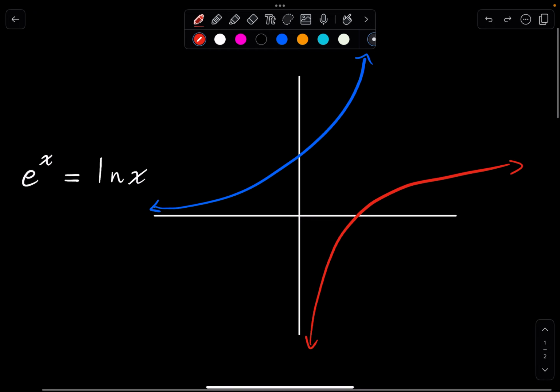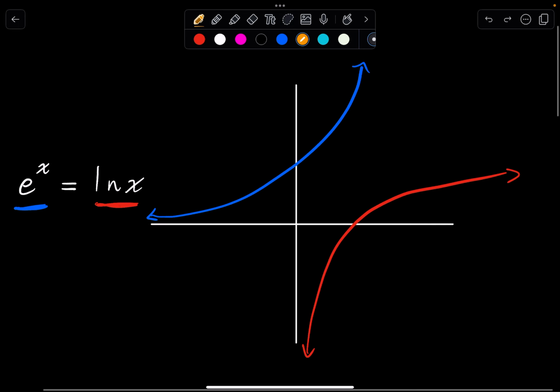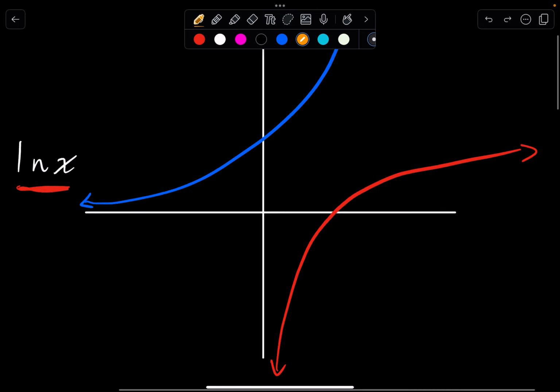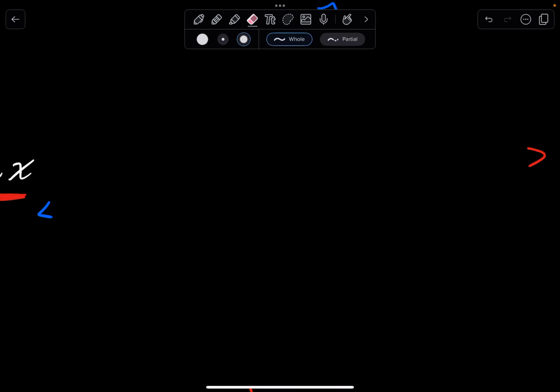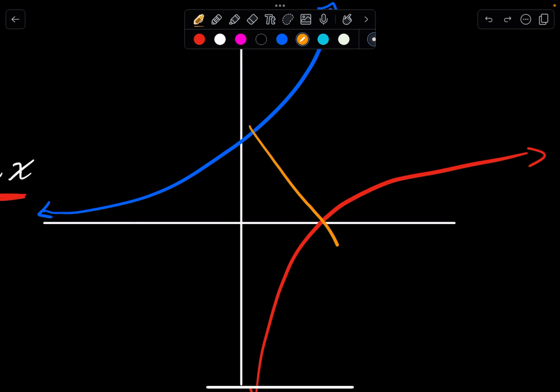But we're trying to find when e to the x is equal to ln of x. So what does that mean? We're trying to find a value of x that exists on both of these graphs, a point that satisfies both. But immediately right here you can see that there's no intersection of these two graphs.